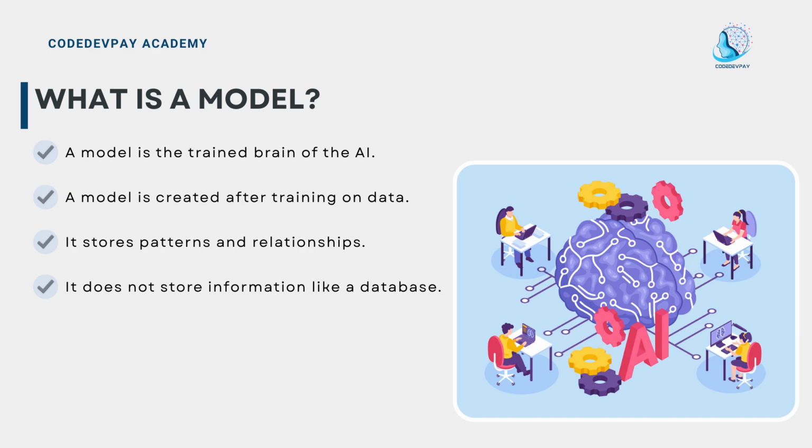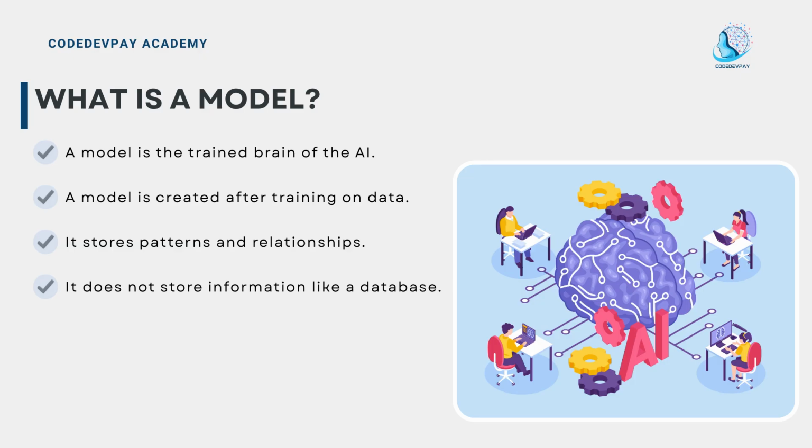So the model is like a student who has studied books. These books refer to the data that the model was trained on. The student or model remembers patterns, not the exact pages. In simple terms, most of us know about chew and pour.